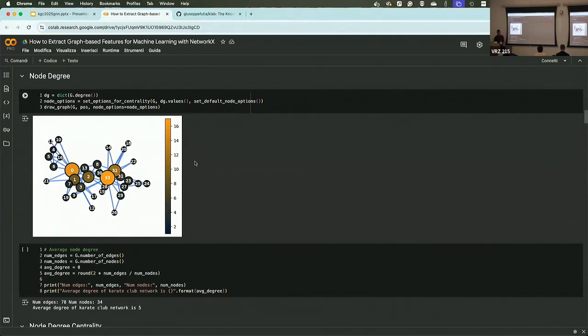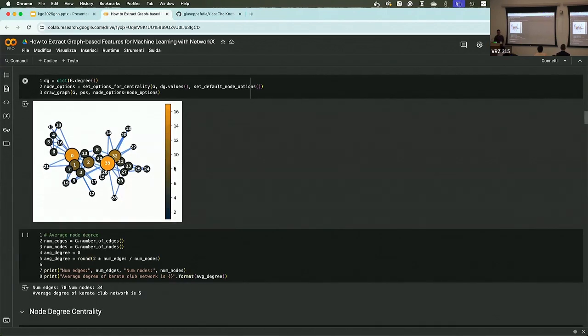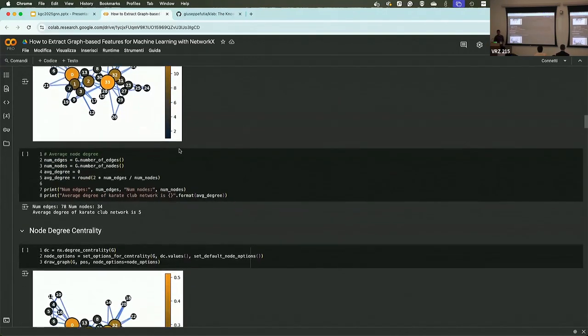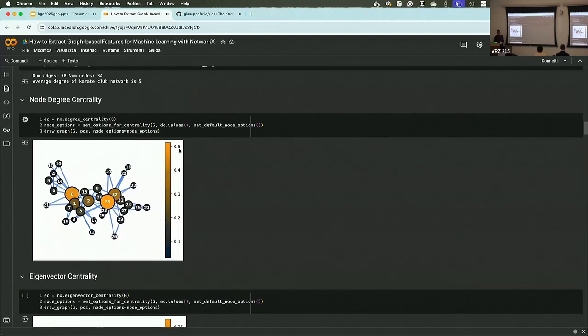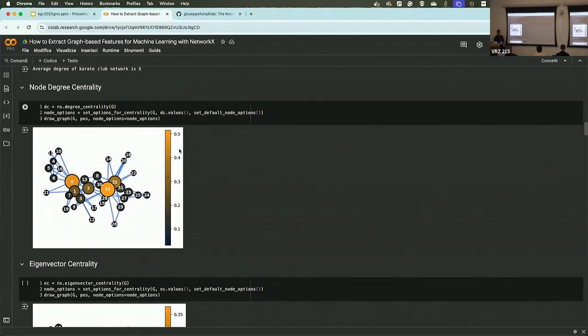We have information about centrality measures, so you can see the differences between the different nodes according to these measures. Some of these measures are quite understandable, in the sense that the size of the node is related, for instance, to its degree, so to the number of connections.